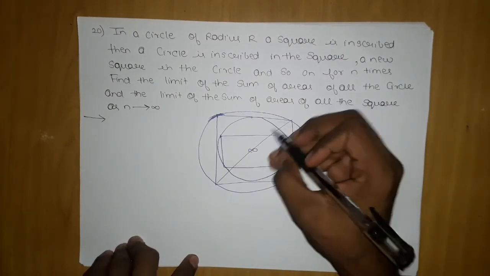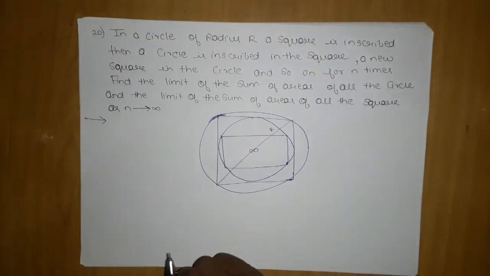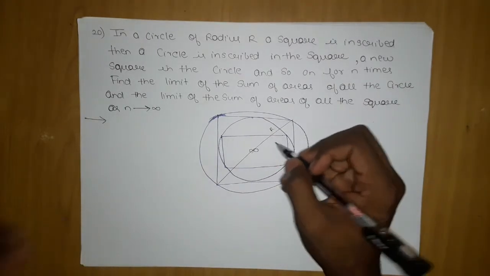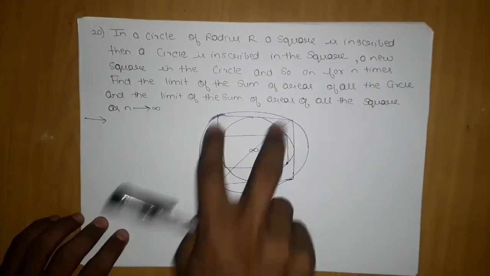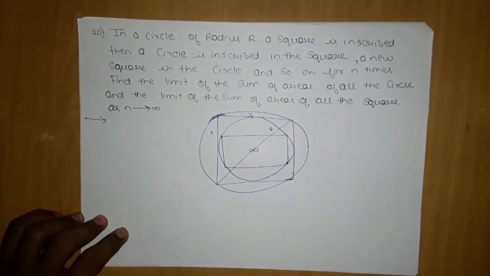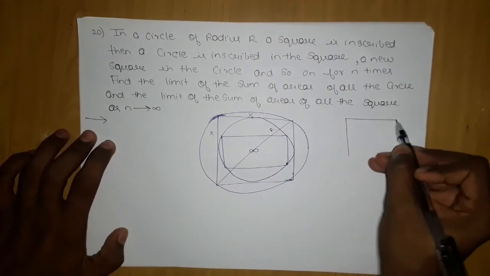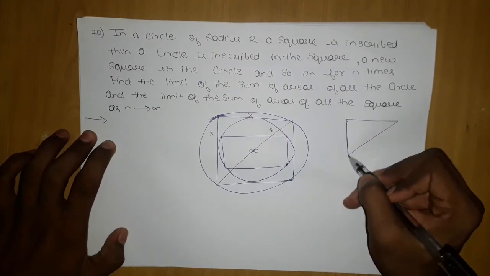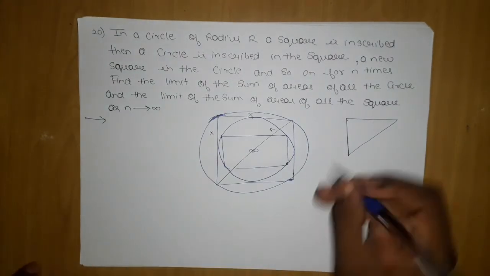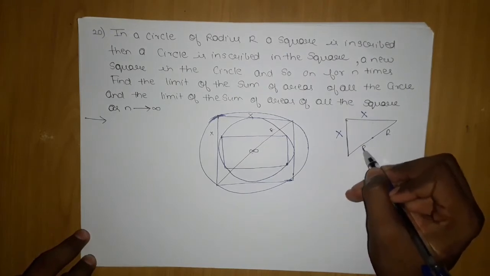So here if I draw a line, the radius was r, given. Now we know that this outside circle has radius r. We need to get this length. If I assume this length is x, then this length will also be x, since they are sides of the same square. So let me consider this right angle triangle, this right angle part of the square. Here this is x, this is x, this is r, and this is also r.